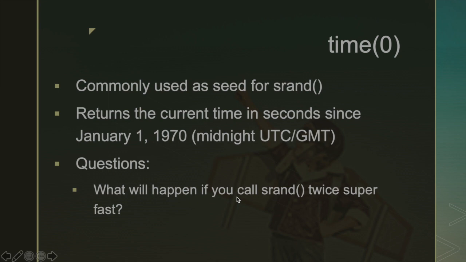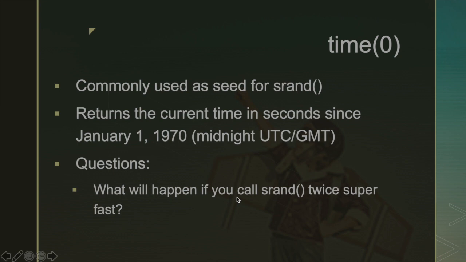Time zero is a very important concept because, as you see in my examples, I use time zero to get the seed to put into srand to produce the first position that the generator will use to get the first random number. So what is time zero?